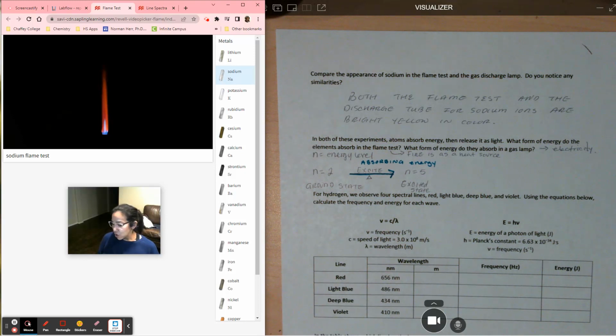Now, when it's excited, that's not when you actually see the colors that we're able to see on here, okay? Because it's absorbing that energy, it's taking it in, and that causes it to jump up really high to a different energy level. So when do we see the colors then?